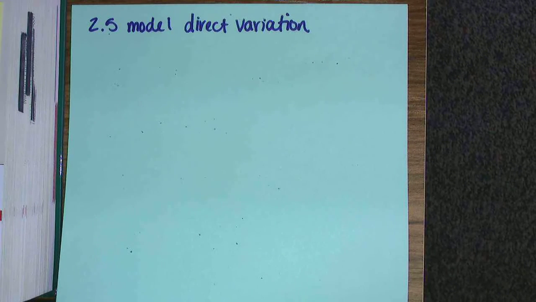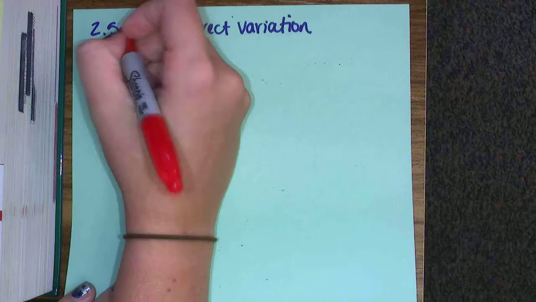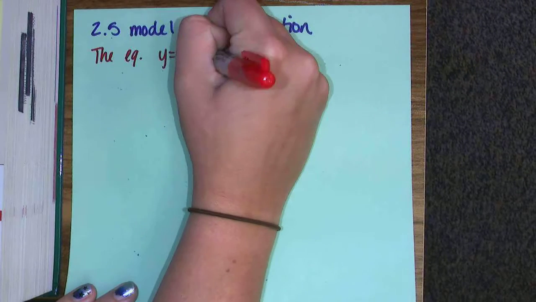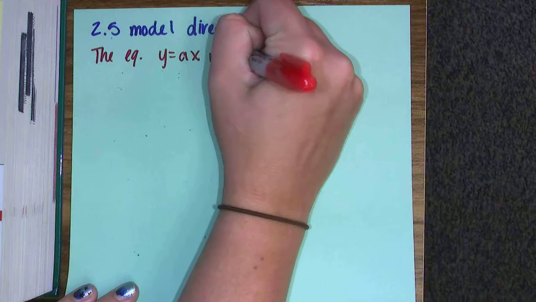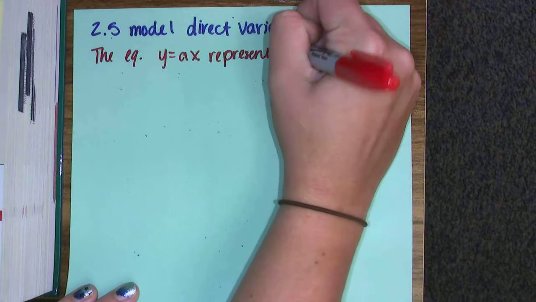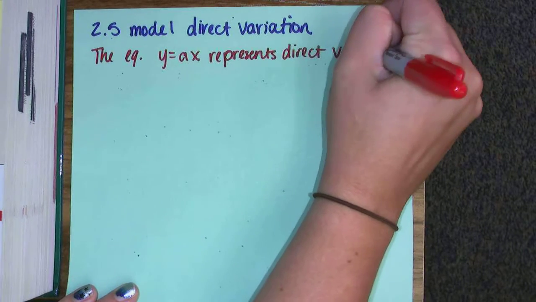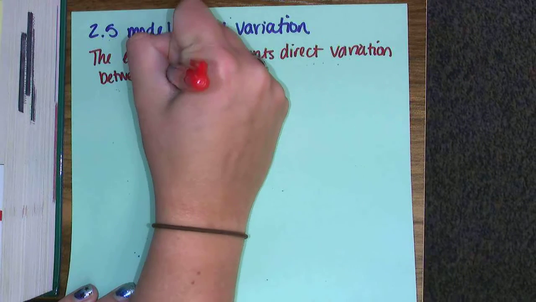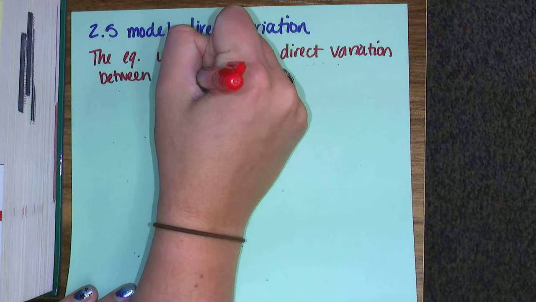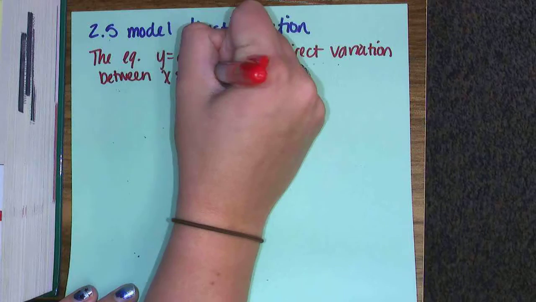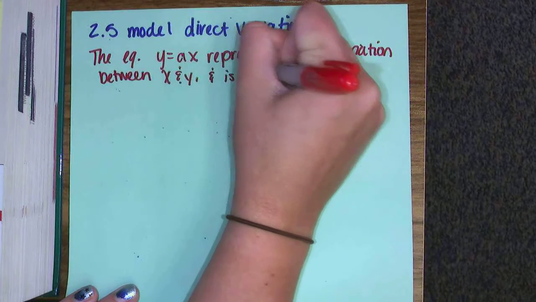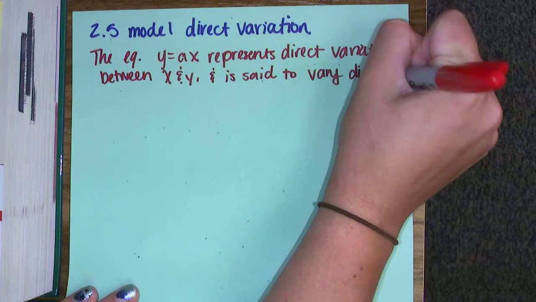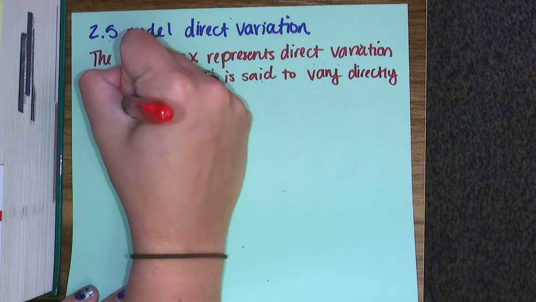So the equation y is equal to ax represents direct variation between x and y, and y is said to vary directly with x.